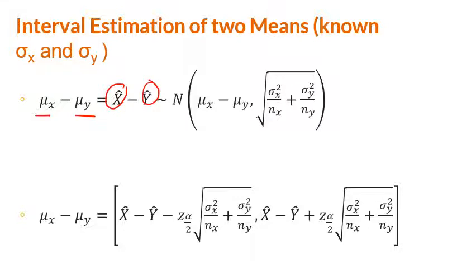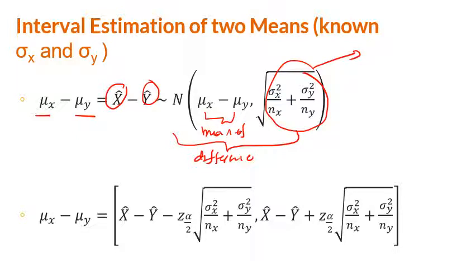Note that yung difference of the mean follows a normal distribution with mu x minus mu y as your mean of the difference, and the variance of the mean of the difference is given by this.